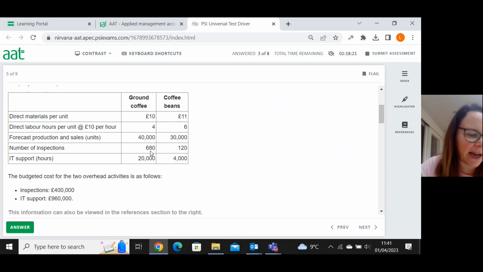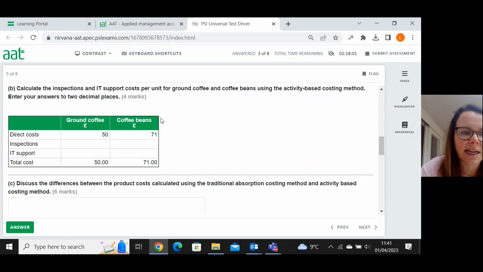So £500 times 680 gives me £340,000 of this total is going for the ground coffee. That's to make 40,000 units. So £340,000 divided by 40,000 units gives me £8.50 for the ground coffee inspections.